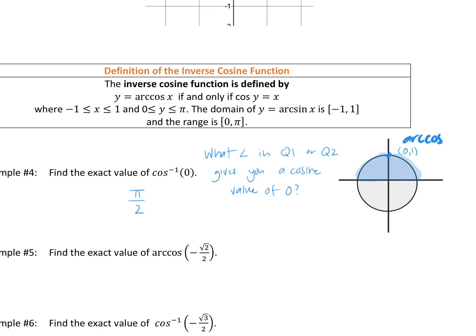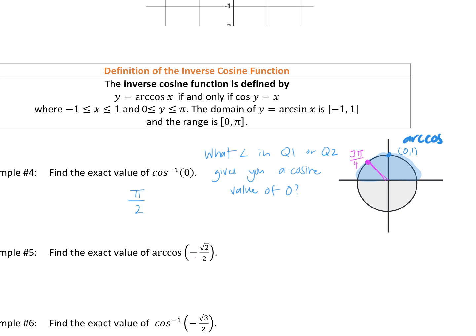Okay, my next one, we've got negative square root of 2 over 2. So where on my unit circle am I going to have negative square root of 2 over 2? What angle am I going to get? Negative pi over 4. Oh, you're close. It has to be in the first or second quadrant. So that value would be at 3 pi over 4.